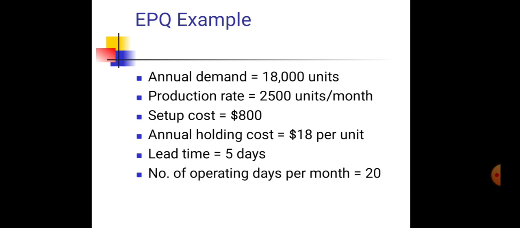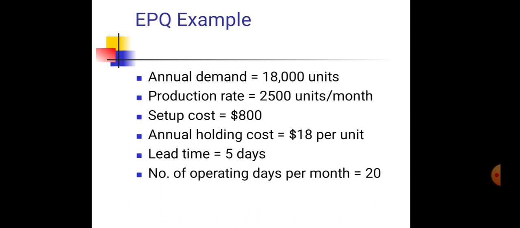Only 20 working days are there per month, and monthly production is 2500, so per day production is 2500 divided by 20, that is 125 units per day.